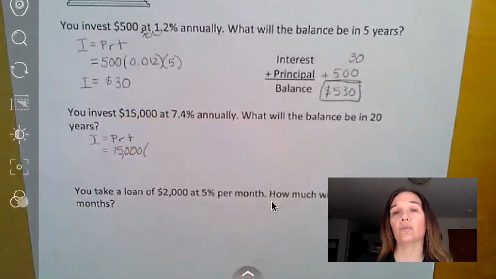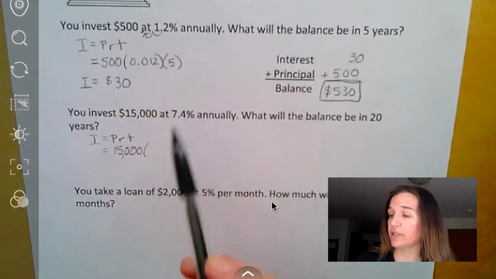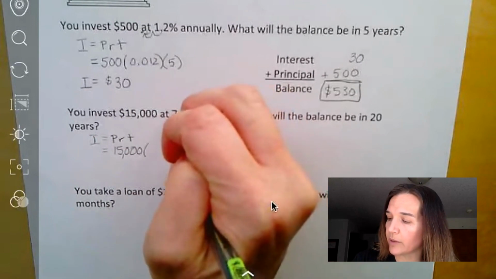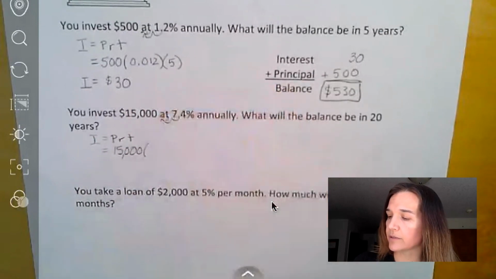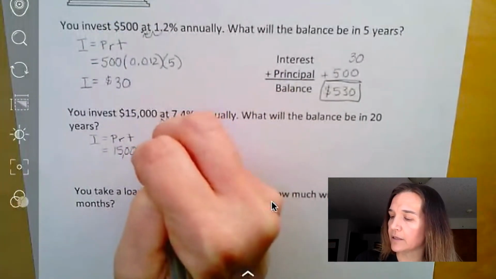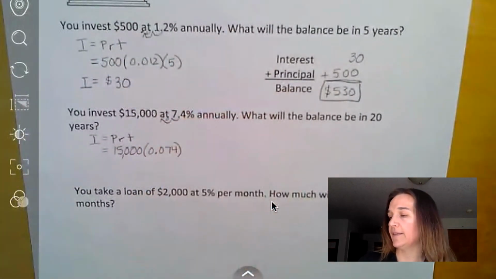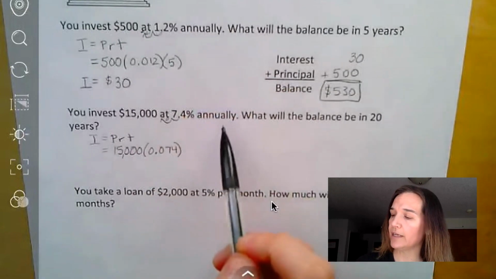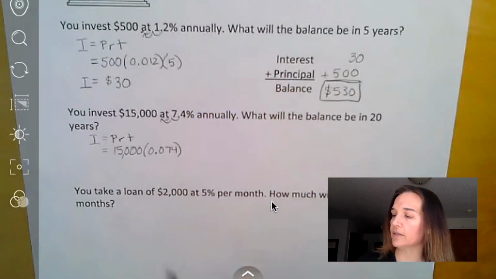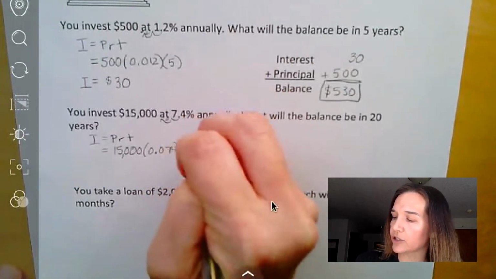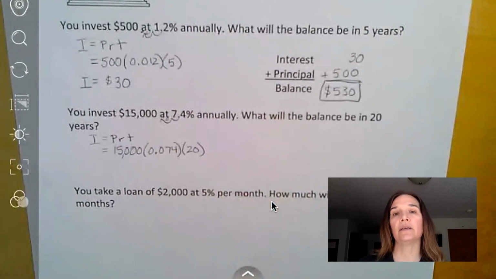And then our rate is 7.4%. Again, I have to move the decimal point back 2 places, put zeros in any empty spots. So we get 0.074. And then the last part is we're checking annually for 20 years. That means they're going to collect interest or check on the interest 20 different times. So times 20.